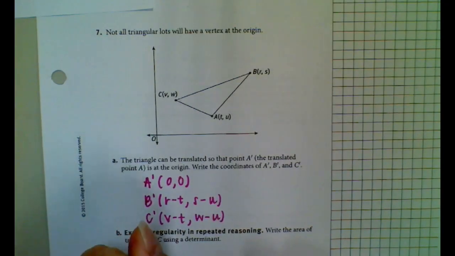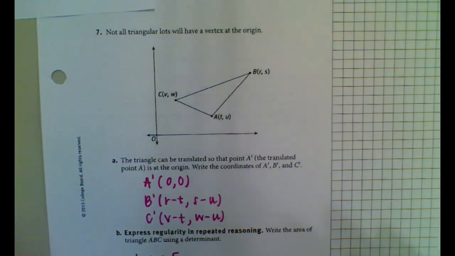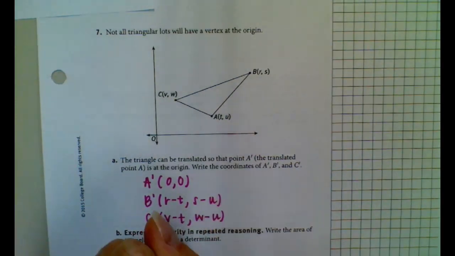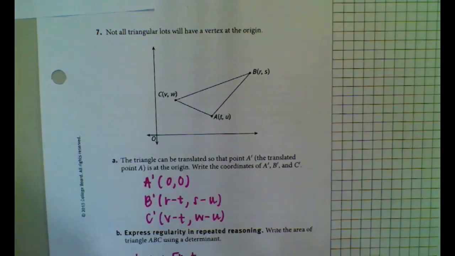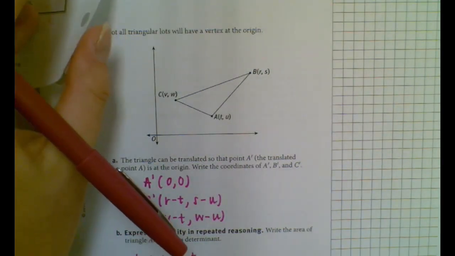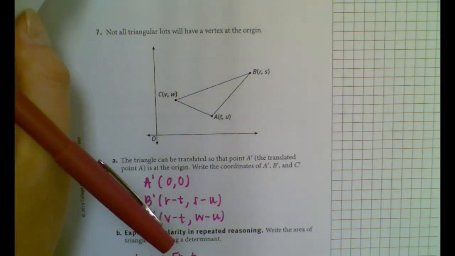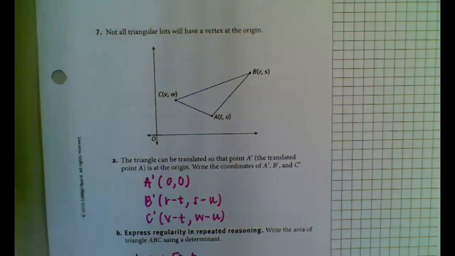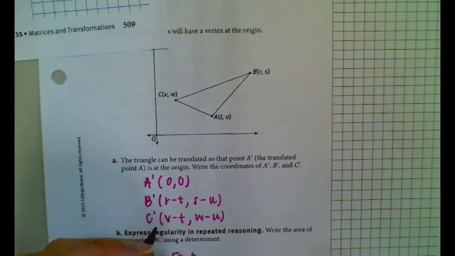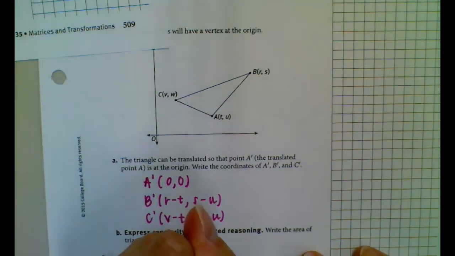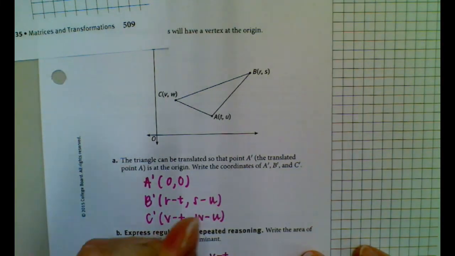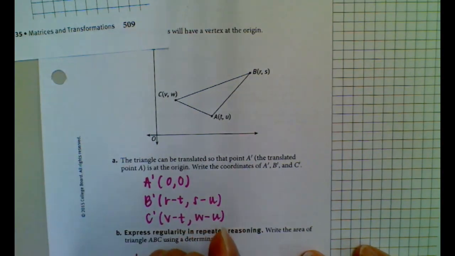So I have 1/2 the determinant of point B was R minus T, S minus U, and point C, hold on, let me just check something really quick. Yeah, okay. And point C was V minus T and W minus U.